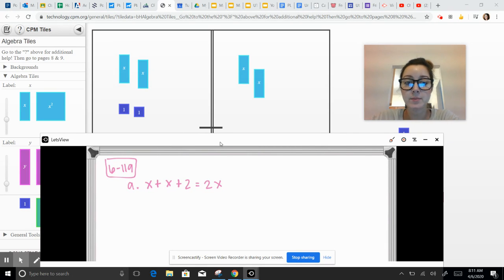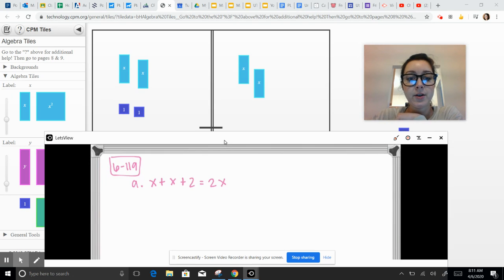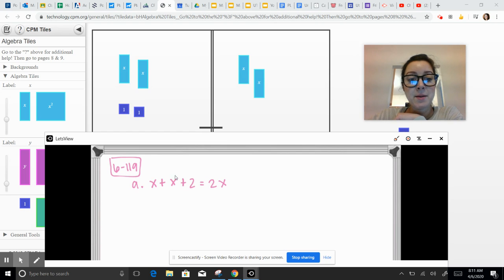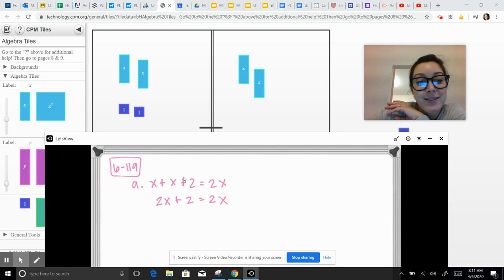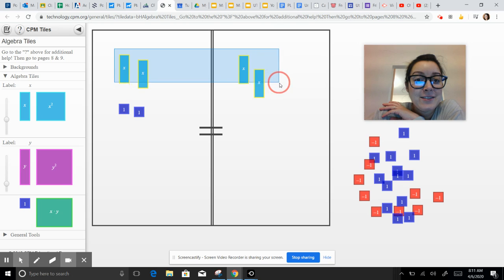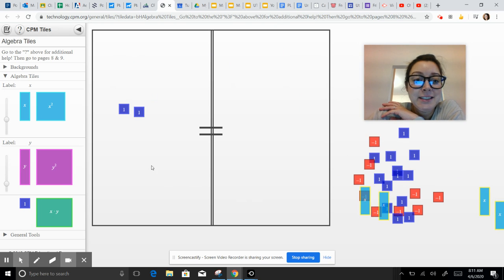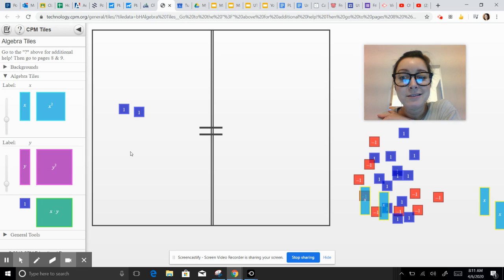We're going to simplify it the same way that we did the last one. We don't have any zero pairs, but we can combine like terms on mat A. That would look like 2x plus 2 equals 2x. We have balanced sets, so let's get rid of those. We'll highlight these, take them off. And then what do we get? 2 equals 0. But wait a second, 2 doesn't equal 0. That can't happen.